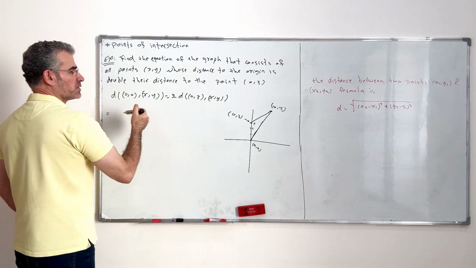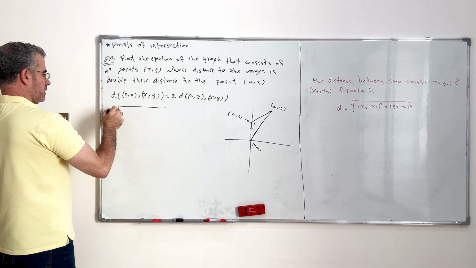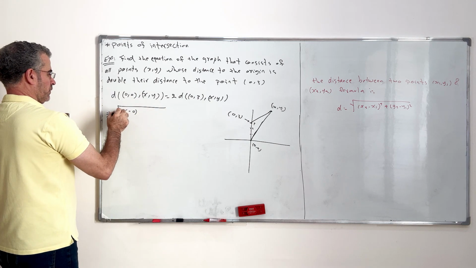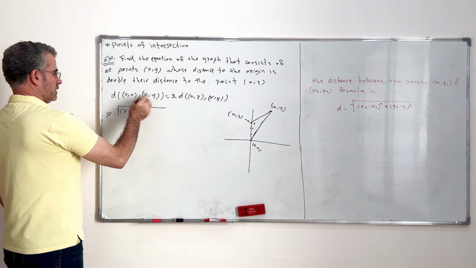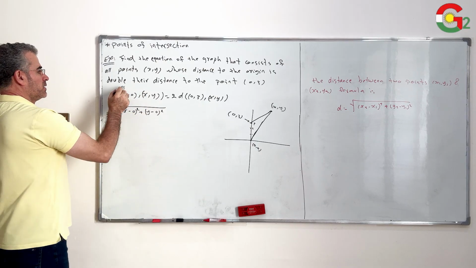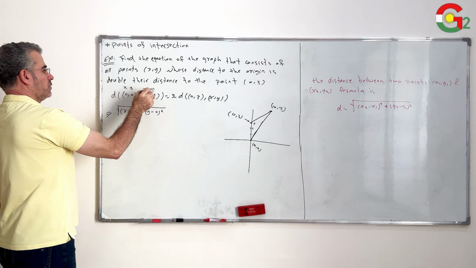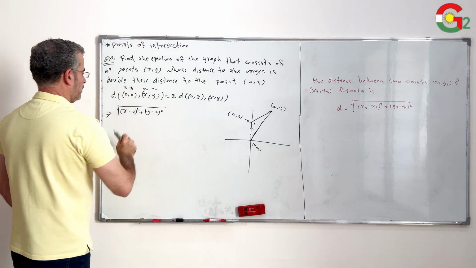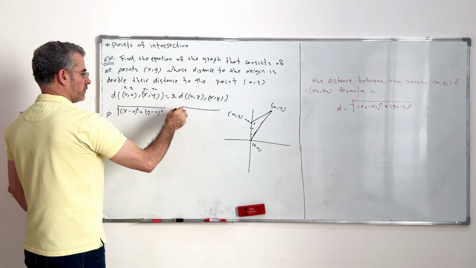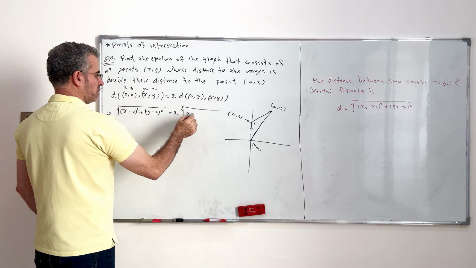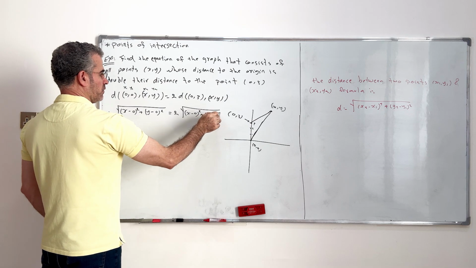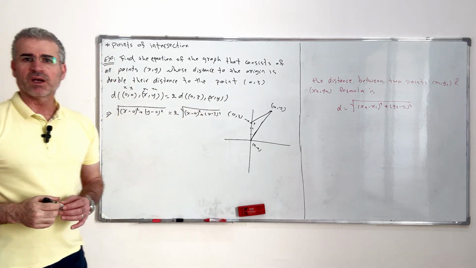I'll substitute in the formula, then I'll get the square root of x minus 0 squared plus y minus 0 squared, equal to 2 times the square root of x minus 0 squared plus y minus 3 squared, and solve to find the equation.